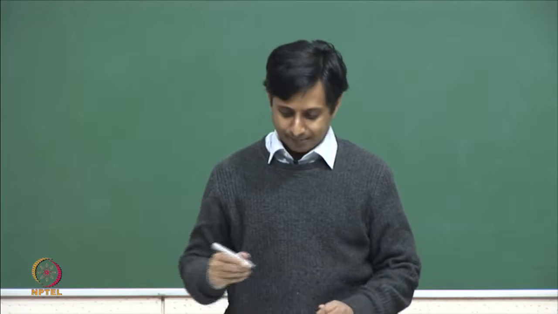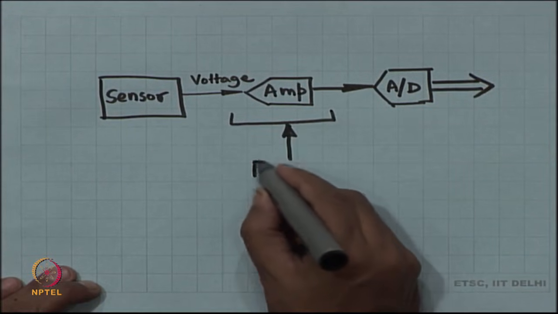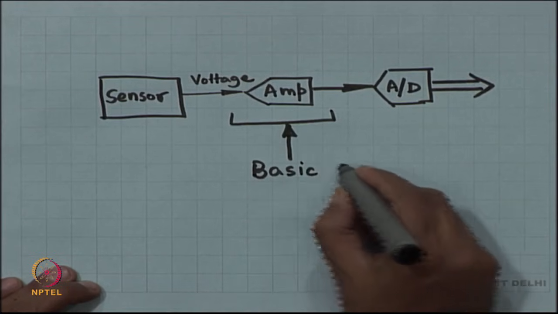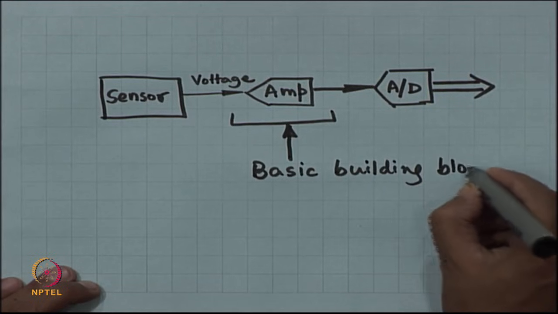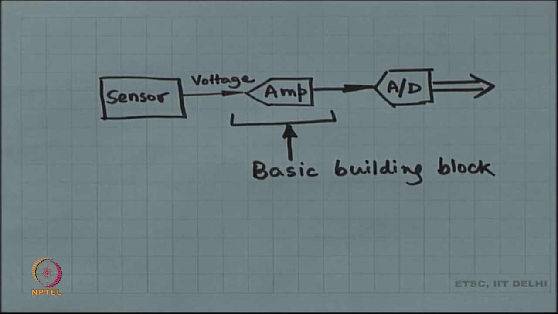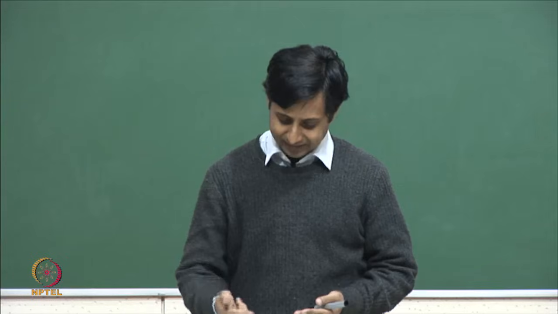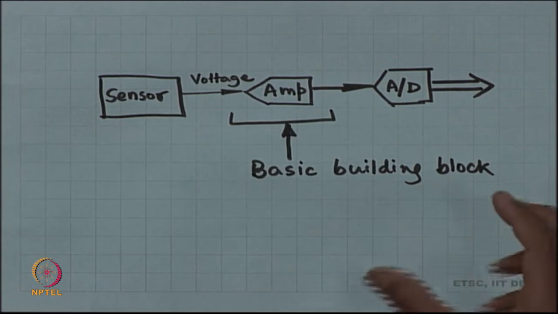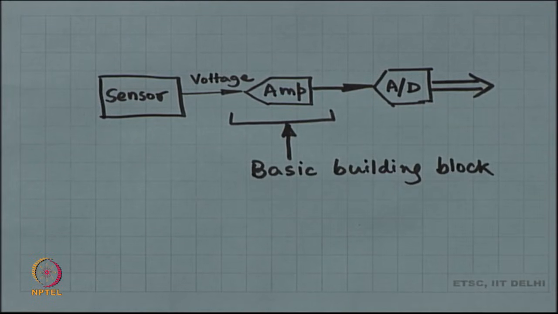This amplifier happens to be a basic building block. Why is this amplifier the basic building block? Because right after the sensor you always need that amplifier, you cannot not have that amplifier over there. In fact, there is one amplifier, and then there is a reasonable amount of signal processing in between the amplifier and the A to D converter.